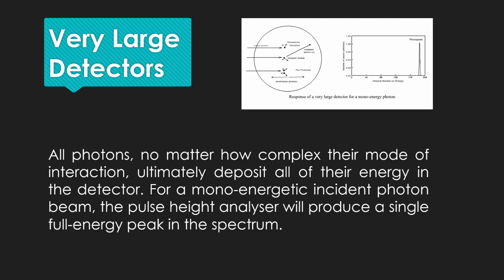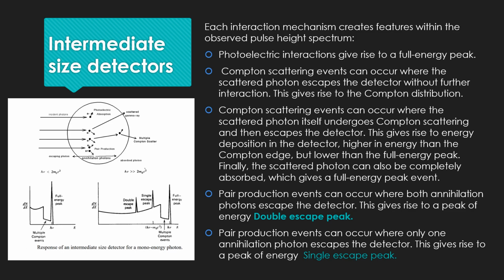While in the large or the very large detectors, all photons, no matter how complex their mode of interaction is, ultimately deposit all their energies in the detector. While for the intermediate size detectors, the photoelectric interaction gives rise to a full energy peak.